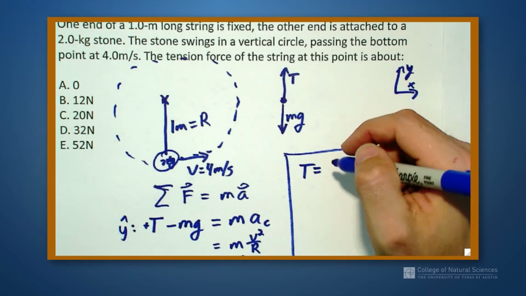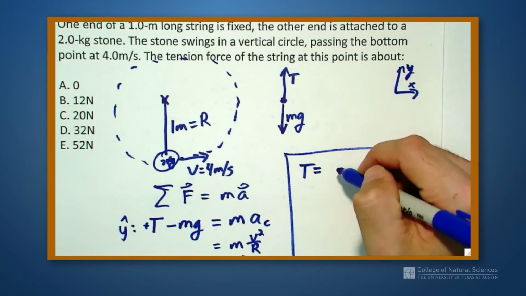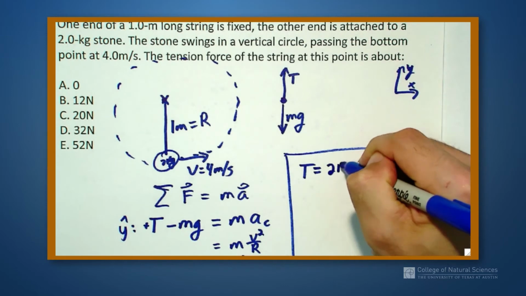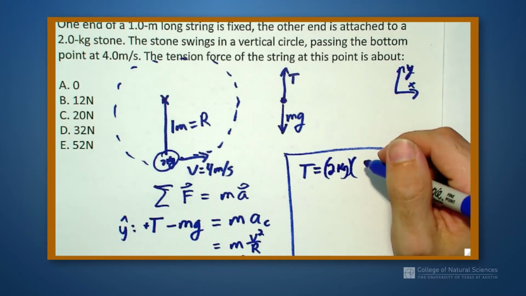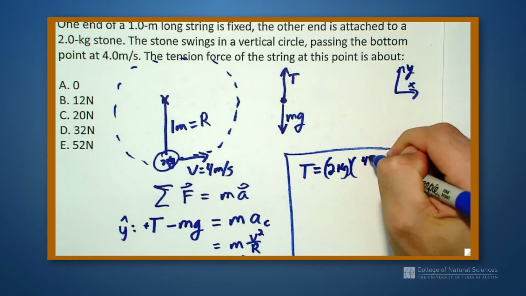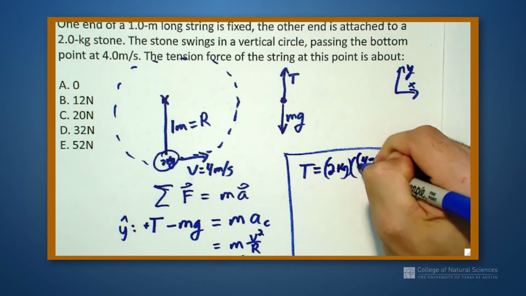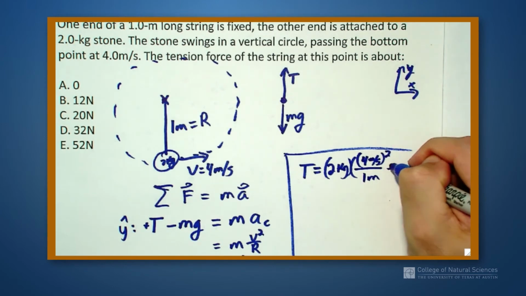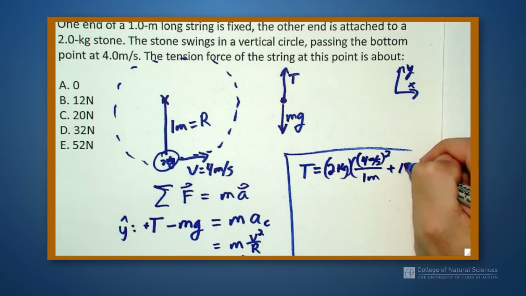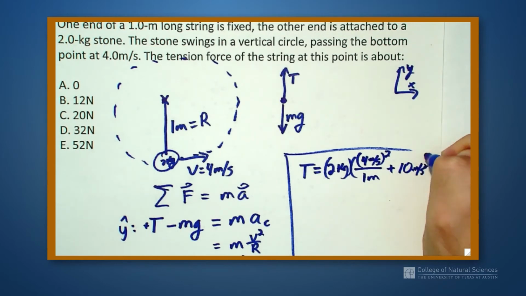Over here, my tension is going to be equal to my mass, which is 2 kilograms, times v squared over r. Well, v squared is 4 meters per second squared over 1 meter plus 10 meters per second squared.